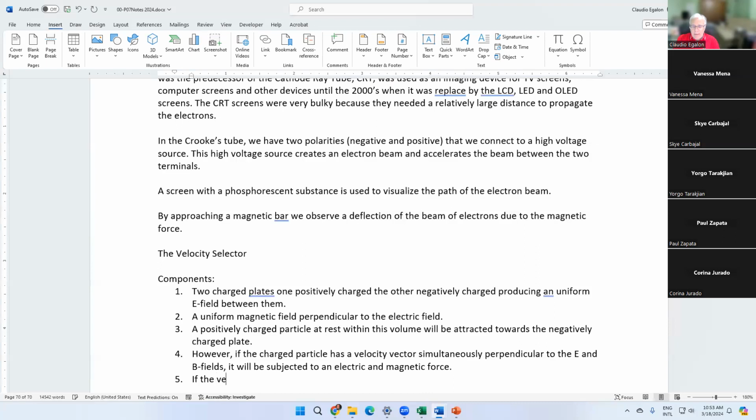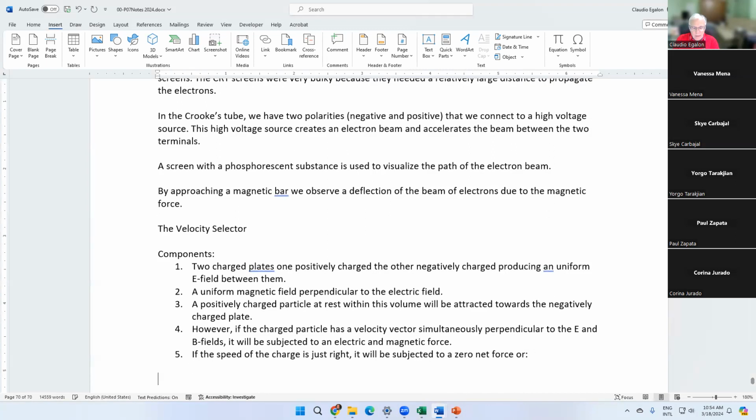If the speed of the charge is just right, it will be subjected to a zero net force.